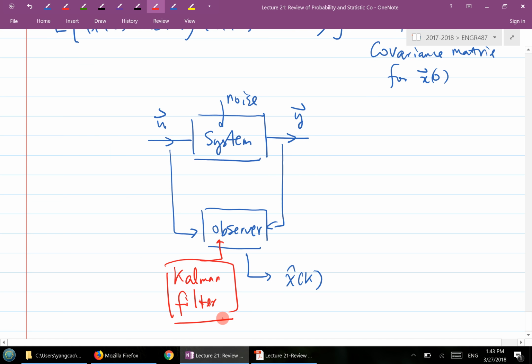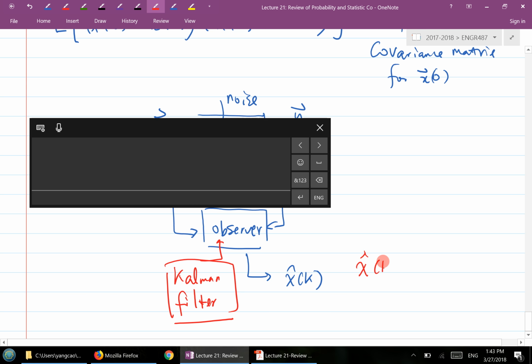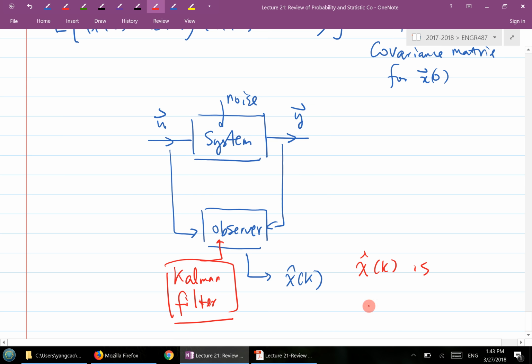If you have no noise, then you just have the full order or reduced order observer that we did in the previous lectures. If there's noise, then we need this Kalman filter for the observation here. So x hat of k is the estimation of x of k.